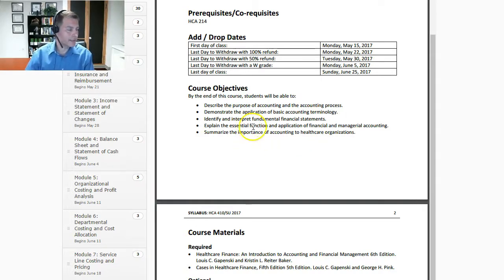And then hopefully you'll be able to explain the essential functions and applications of financial and managerial accounting. And that's what this course is really about. If you hear anybody taking an accounting course, usually they're broken up into two or three different worlds: financial accounting, managerial accounting, and even tax accounting.